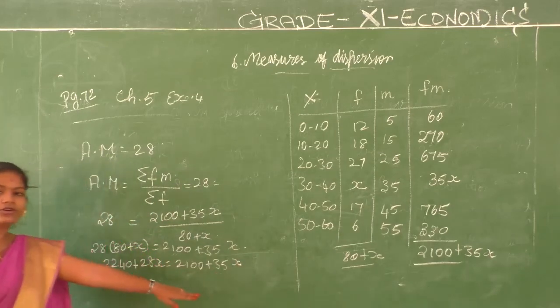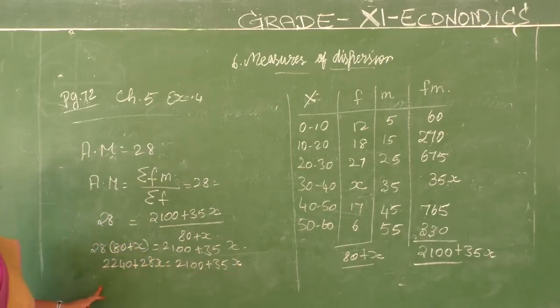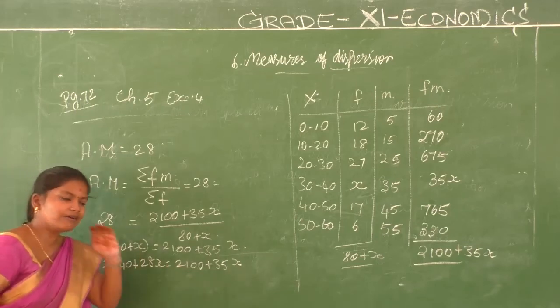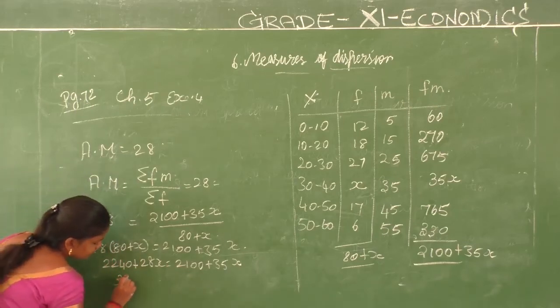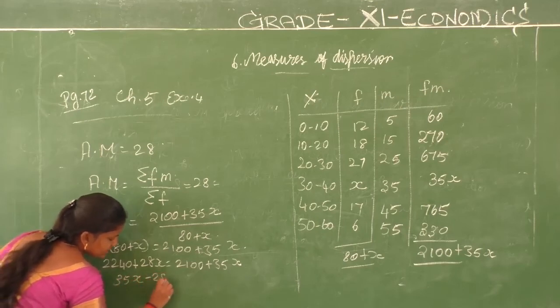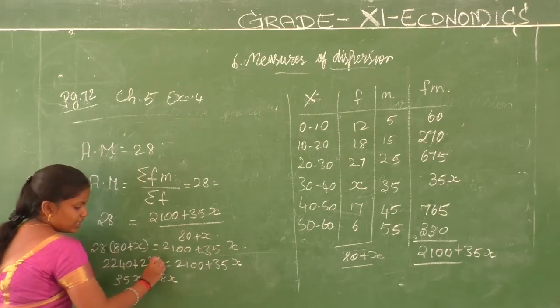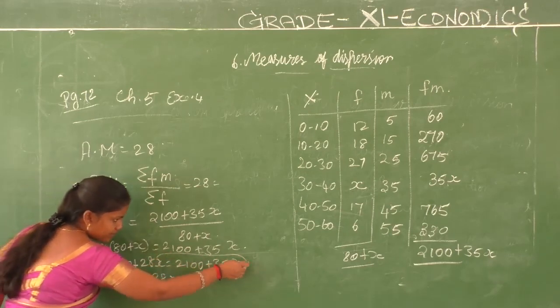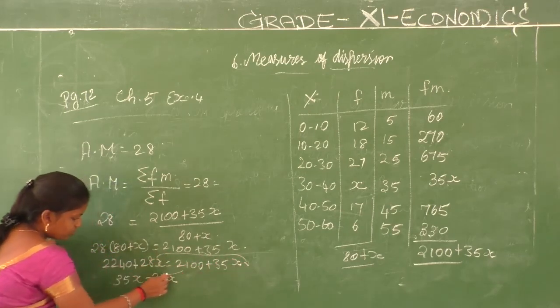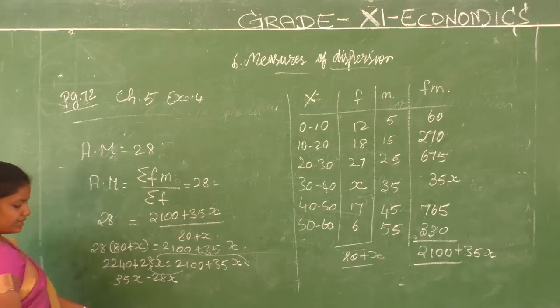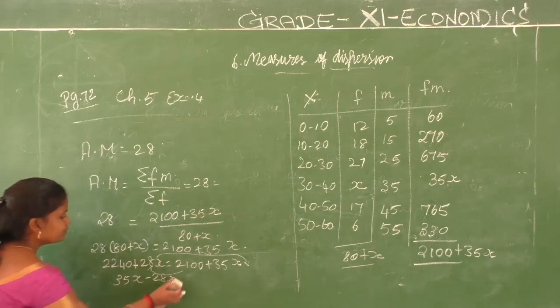Now what do you have to do? You have to bring the x values to one side and take the numerical values to the other side. So 35x minus 28x, because when you bring it to this side it will become minus, isn't it? 28x comes here in minus value, 2100 comes here in minus value. So we will put it in this way.